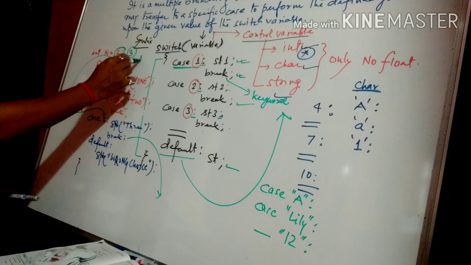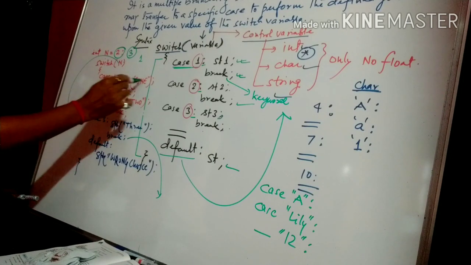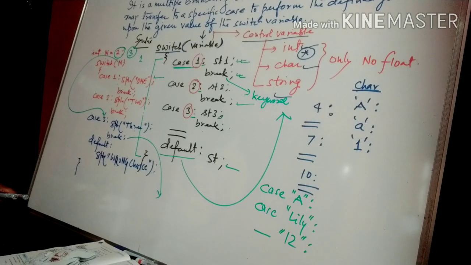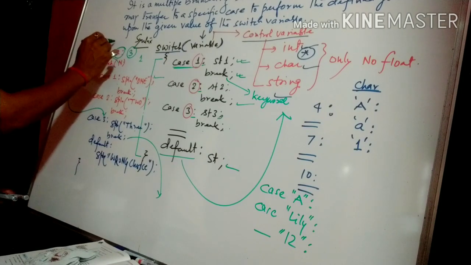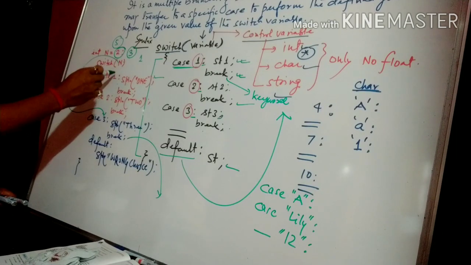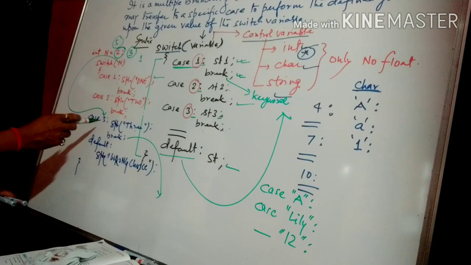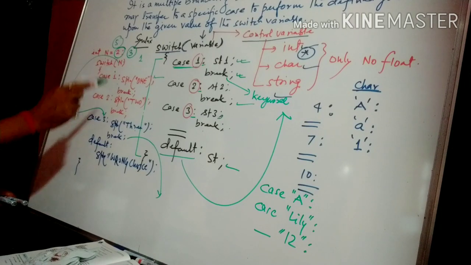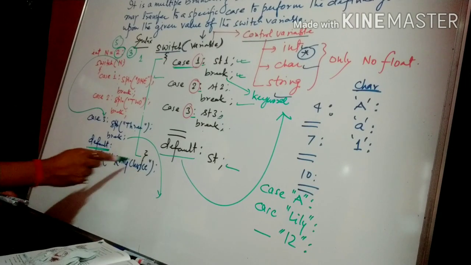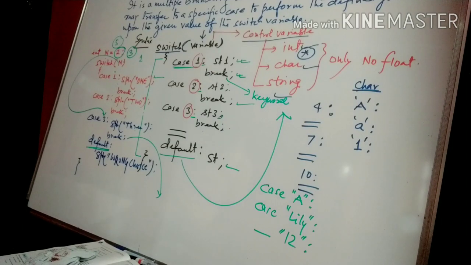If you input 1, it will come to case 1, print 1, break, exit from that particular part. Suppose somebody puts here 5, the value of n is 5, so is case 5 there? No, then it will go directly to the default path and print wrong choice. So this is a small example of switch case.